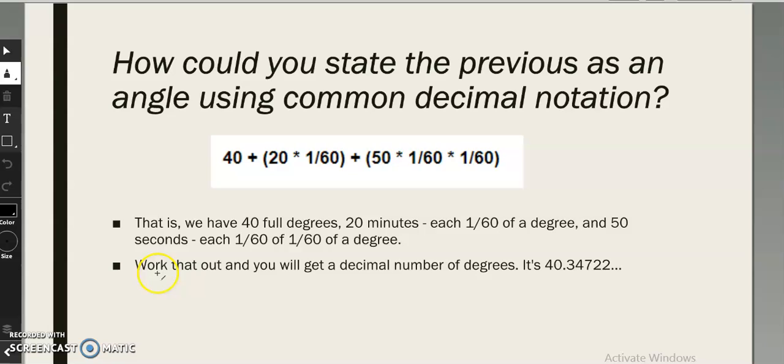And we have 50 seconds, which is each 1/60th of 1/60th of a degree, because it's in seconds, right? Or another way to think about this is 1/60 divided by 60, which is 1/3,600. And if we work it out, we get the following.